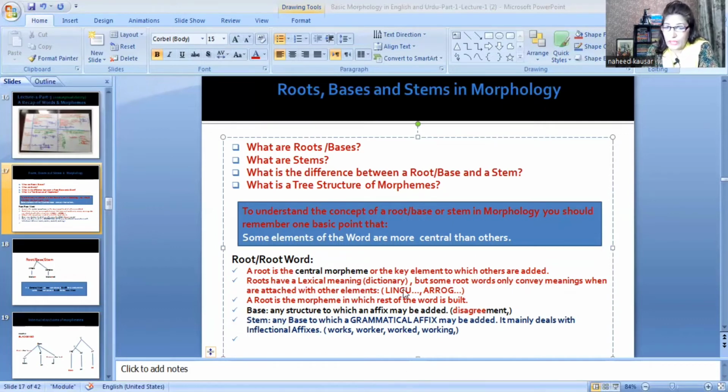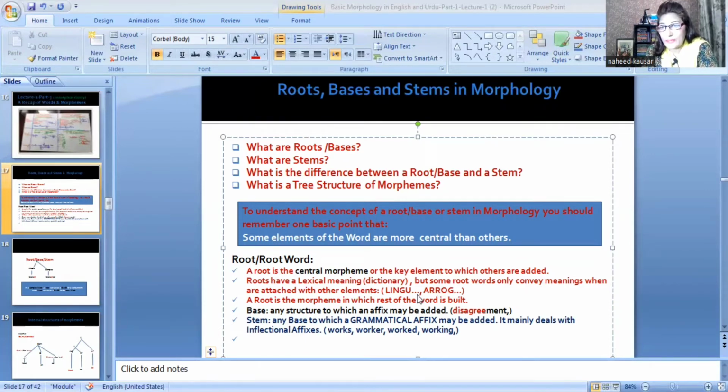Like I have put these two examples in the brackets, like lingu, and I put the dashes or dots just to show that there can be a component attached to it. Like we can give linguistics, right?